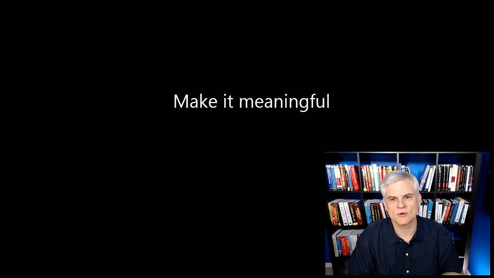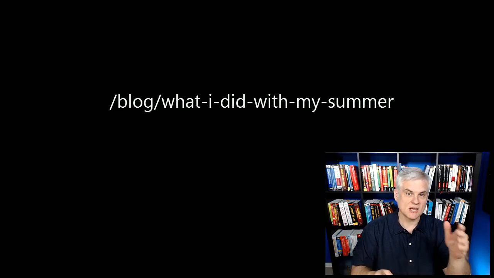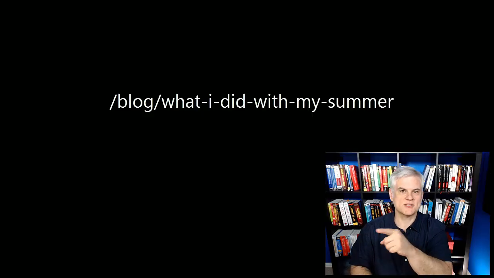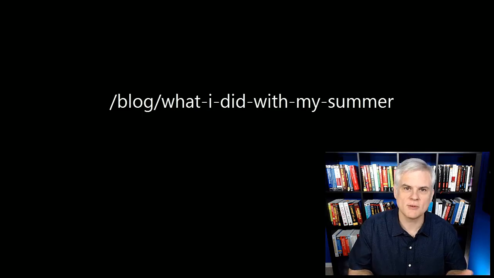So in WordPress, for example, the default is to create a URL that includes the title of the article or the title of the blog post with each word separated by hyphens. So in that case, you're not using some cryptic ID. The URL is meaningful. I would expect to see information about /blog/what-i-did-with-my-summer separated by hyphens, right? I would expect to see a blog post about what the author did during his summer. Okay, so make the URL meaningful.